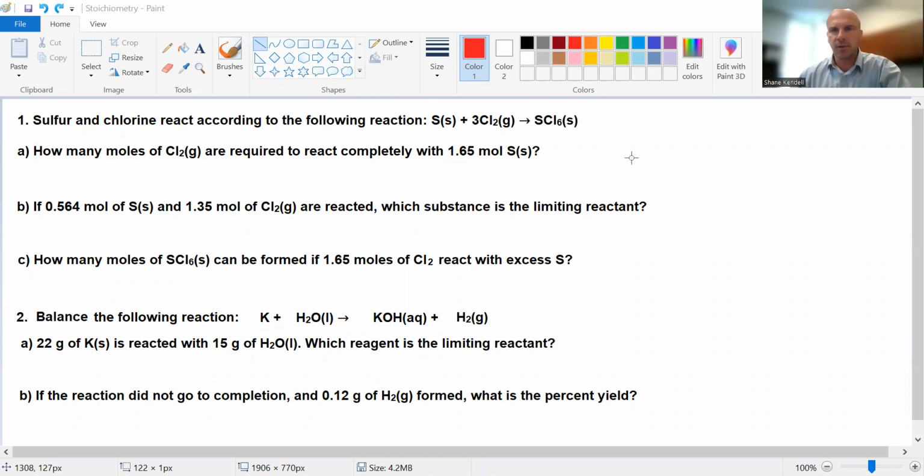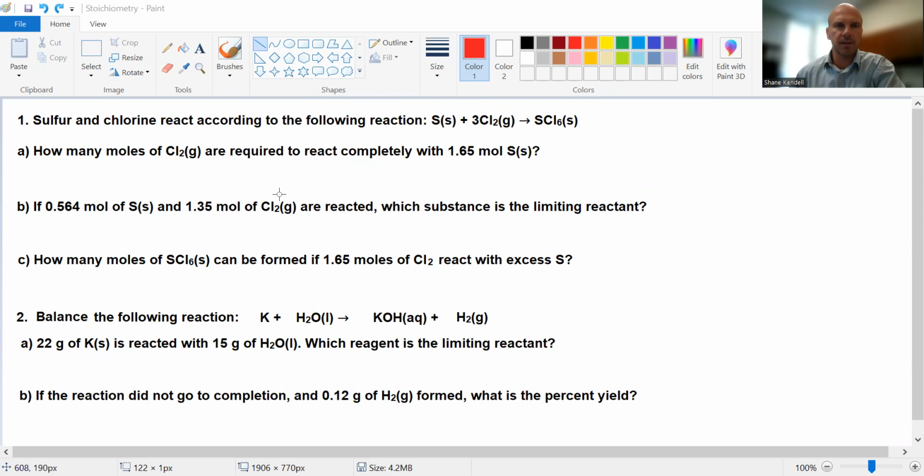So here we're just dealing with moles to moles in this first question. But the relationship is how many of these sulfurs are going to react with a given quantity of Cl2, and that ratio is 1:3. So for every 1 sulfur, we would need 3 Cl2s.